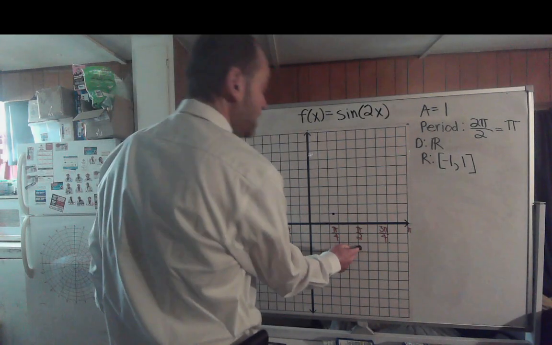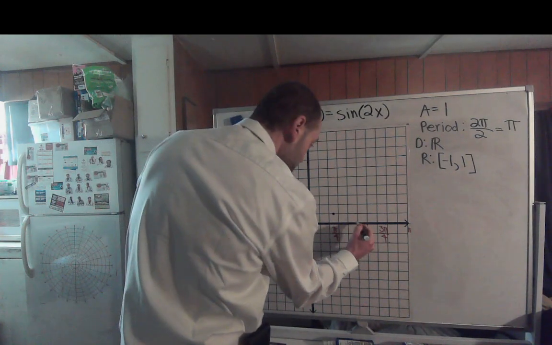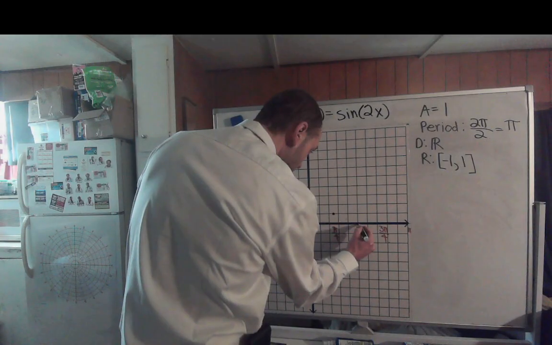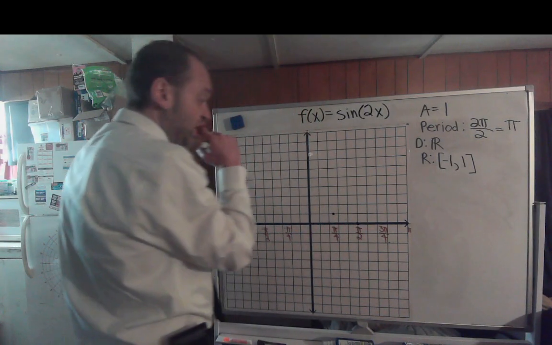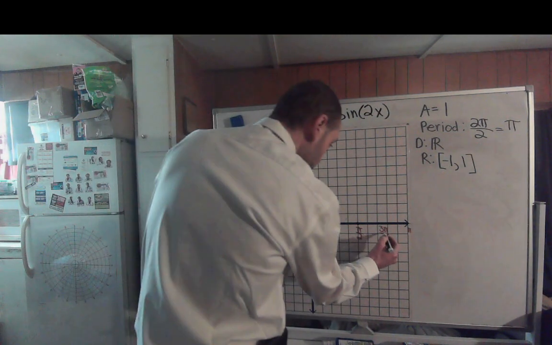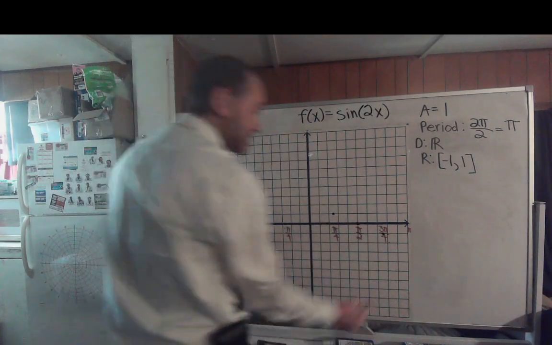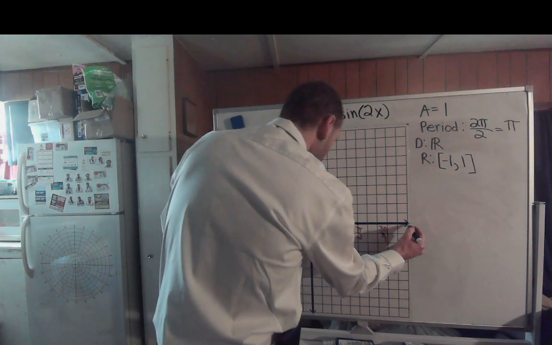If I put in pi over 2 for x, that actually turns into the sine of pi, which is 0. If I put in 3 pi over 4 for x, that turns into 3 pi over 2, which is actually -1. Then if I put in pi, that's the sine of 2 pi, which is 0.